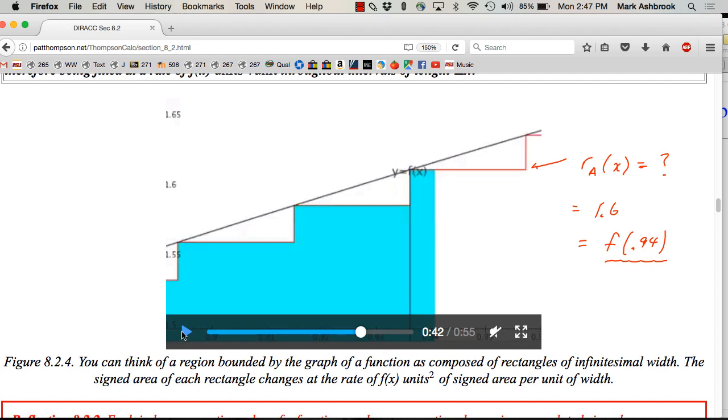So right now, the rate of change of area is about 1.6 or 1.61, something like that. And now in the next interval, the rate of change of area is 1.63, or f of 0.96.